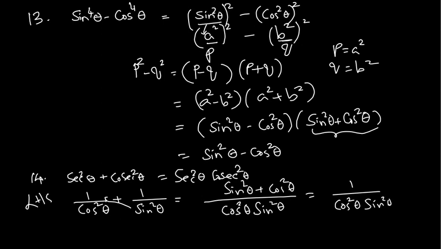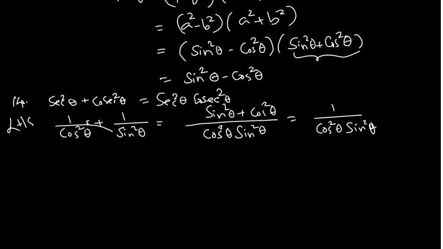So this 1 gets divided to both, so it's 1 into 1. That means you will get 1 by cos square theta into 1 by sin square theta. Correct, so secant square theta times cosecant square theta. So proved.